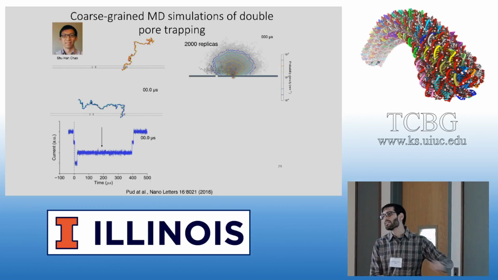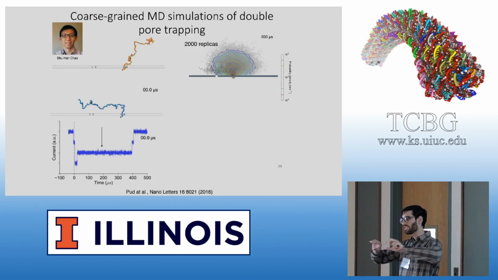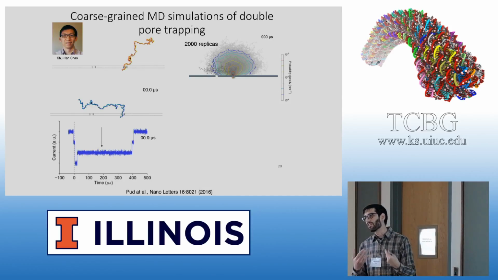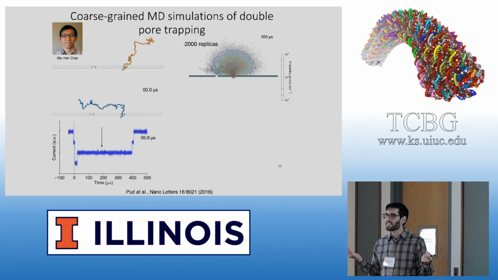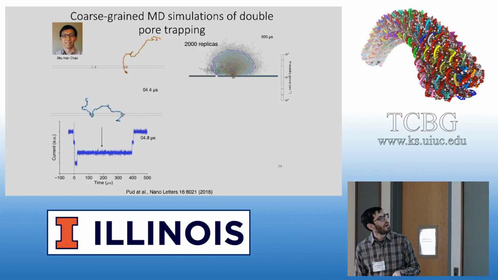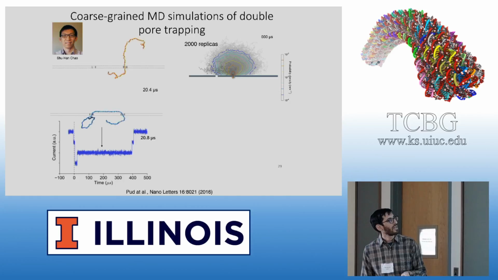And this was again done with these tabulated potentials. So you can say, okay, I want this region, this bilayer, to have a high potential so that nothing can enter it. So you can also generate idealized potentials from your mind and apply them in simulations. This work was done by Shuhan, who was a graduate student here.